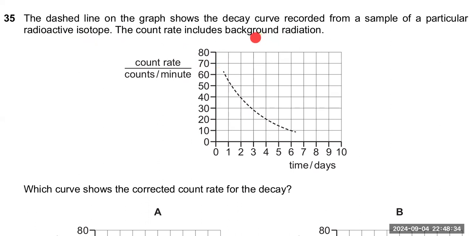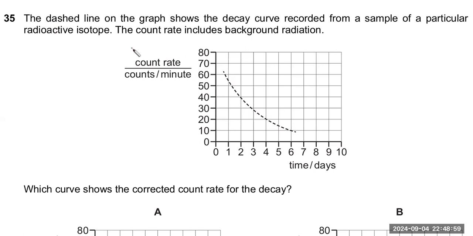The background radiation is the radiation that comes from the atmosphere, from soil, from leaks also. Okay, so background radiation remains the same at the place where you are performing the experiment. If you are performing the experiment in a lab, then maybe background radiation will be 10, 10, 10, 10.